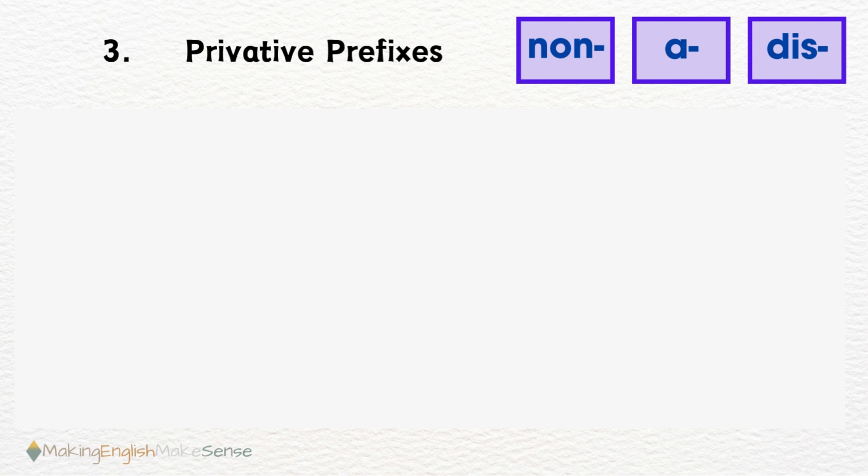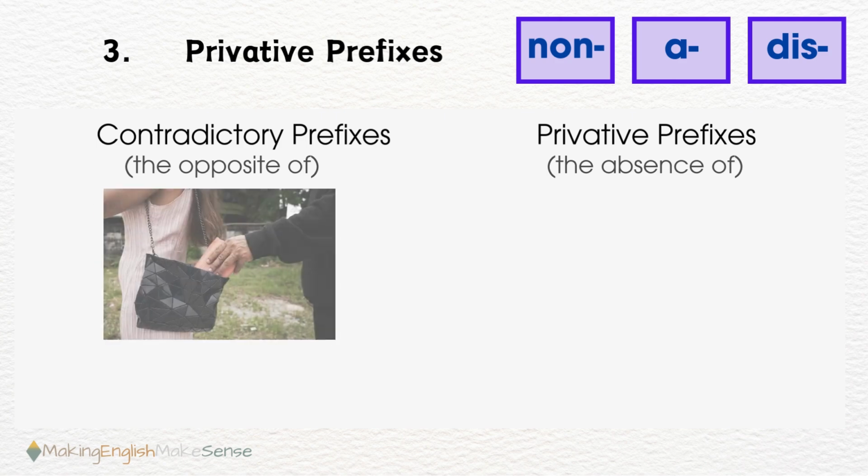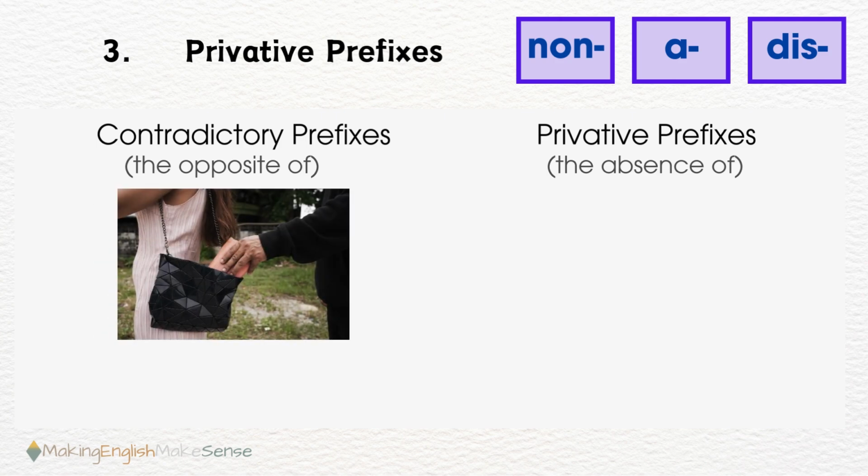One difference to note between these prefixes and the contradictory prefixes we've already looked at is that, unlike in and un, privative prefixes don't mean the opposite of, but rather the complete absence of. For example, we'd use a contradictory prefix to describe the behavior of someone who acts in a way they know is bad.